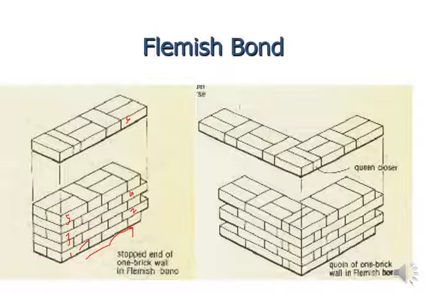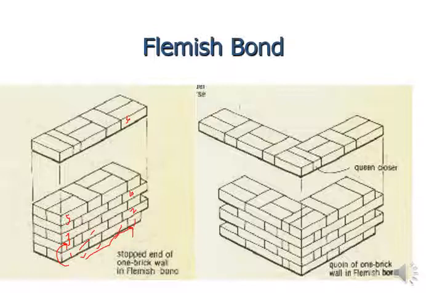That in one course you are laying your bricks as stretcher, header, stretcher, header alternatively. All headers and stretchers are laid alternatively in the same course, and the same pattern is repeated for the next course, meaning even course, consecutive course.